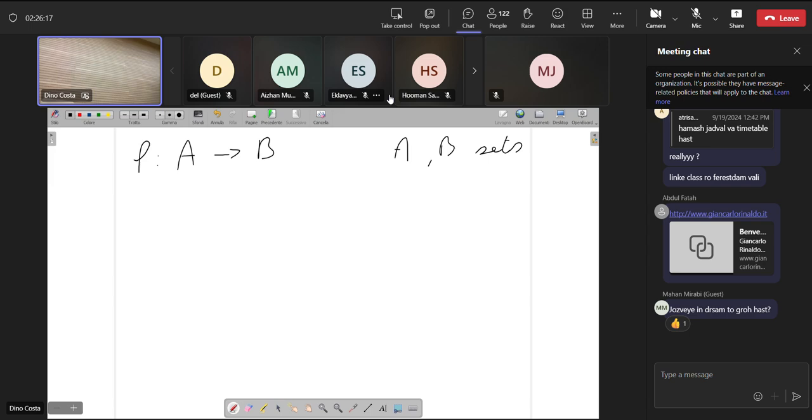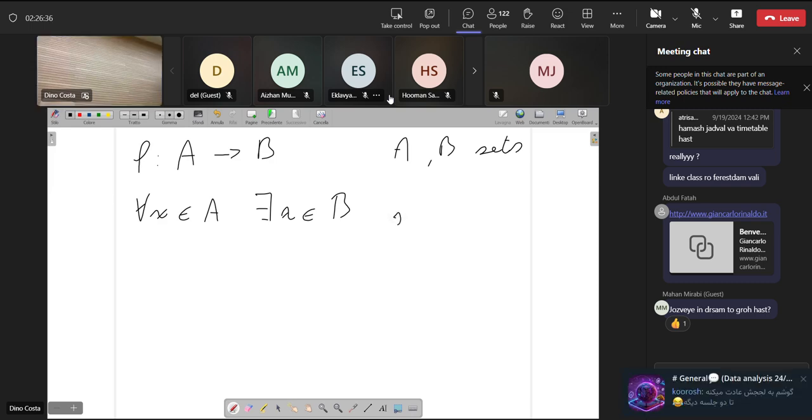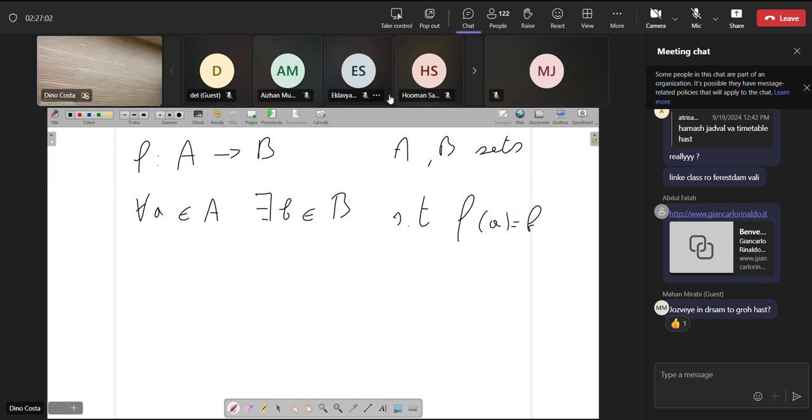So, but what is a function? Using the symbols, I wrote in the notes: for all A in A, there exists an element B in B such that f of A is equal to B. So a function is nothing more than a relation, but a particular relation.